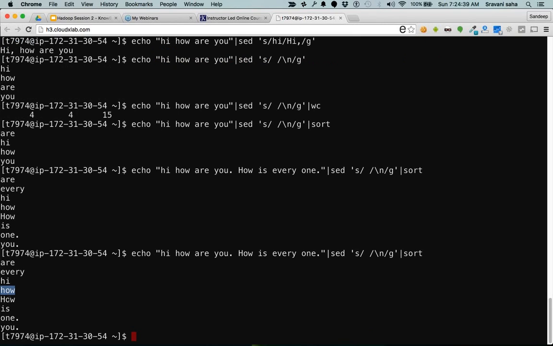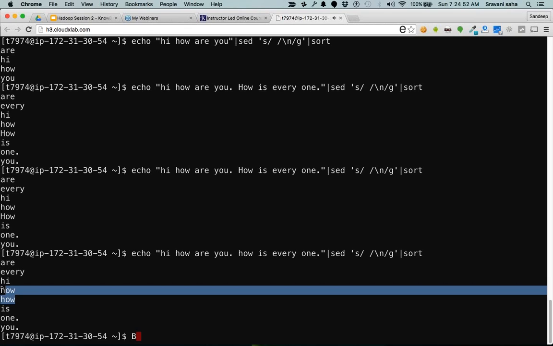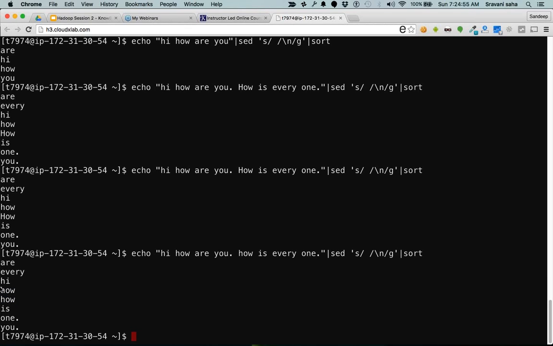So how has come along. I mean, both hows have come together because we have sorted the data.